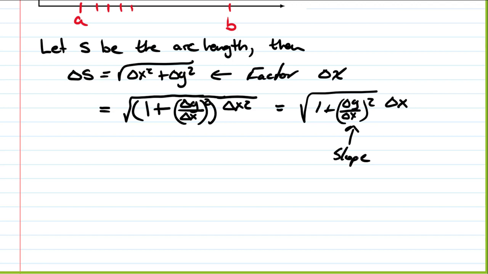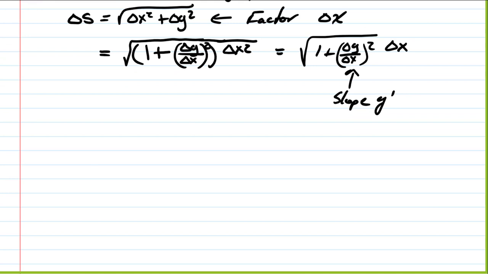So this is y prime, right? So putting all of this together, we get that the arc length is equal to the integral from a to b of the square root of 1 plus f prime of x squared dx.